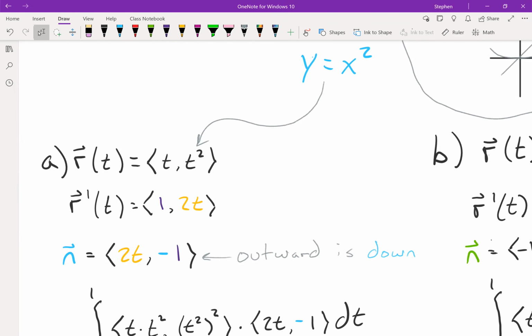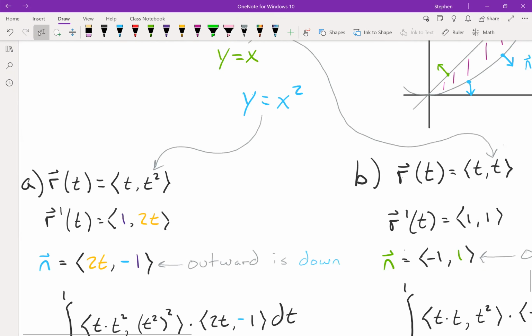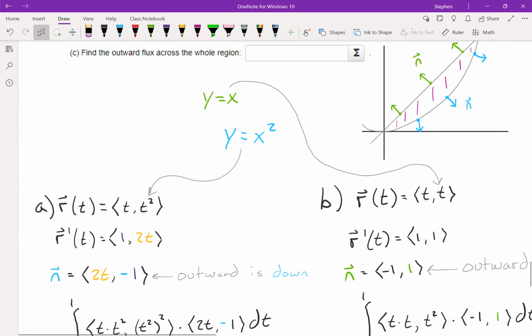Once I get my parameterization, t comma t squared, I'll need r prime, which is 1 comma 2t. Just take each of those derivatives. To get the normal vector, I just swap their positions and assign a negative to one of the pieces. But keep in mind that for that blue region, so coming out of y equals x squared, all of those normal vectors that are oriented out of that region are pointing down.